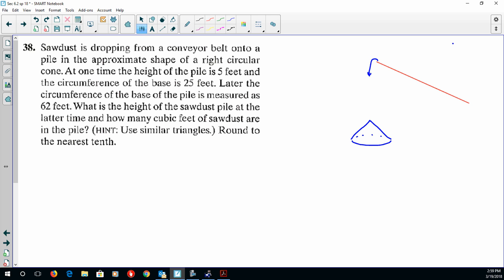Because of how the particles stick to each other, it's always going to be a cone about this same shape. Okay.